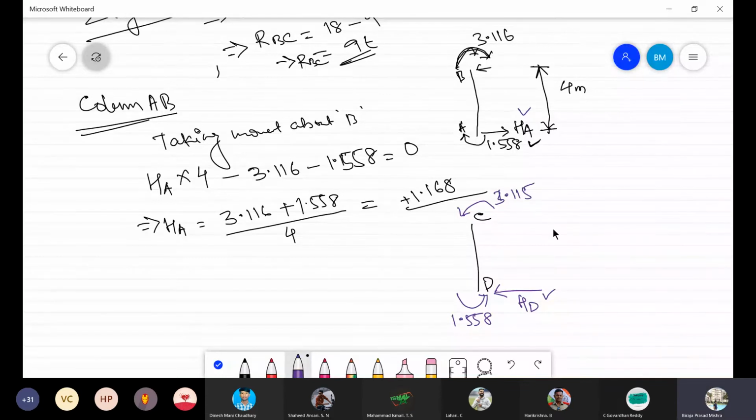The distance between C and D is 4 meters, yes.